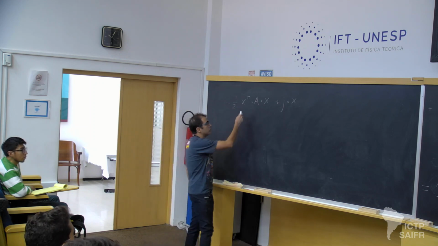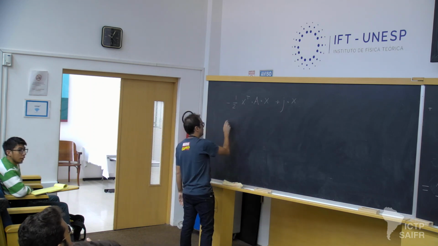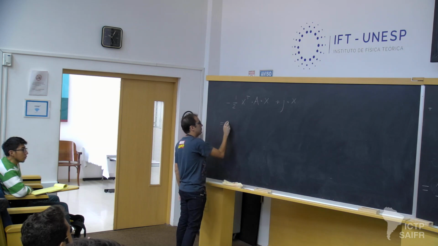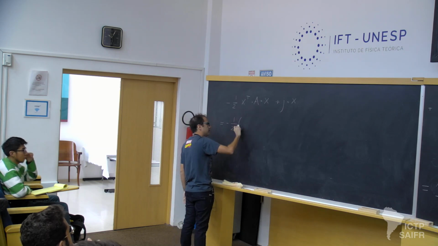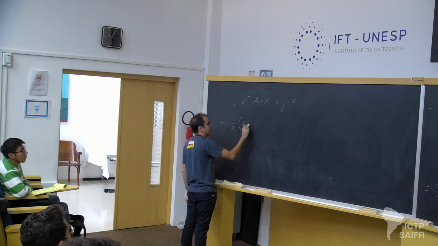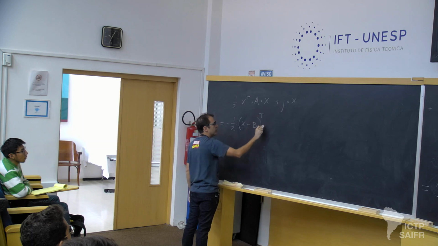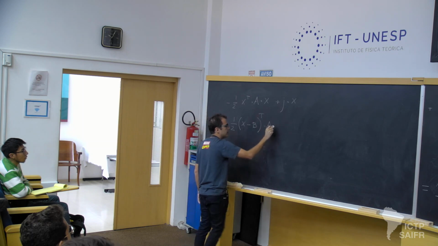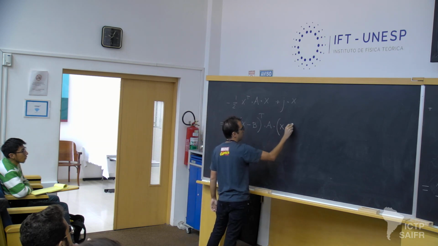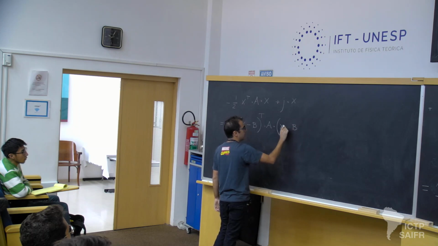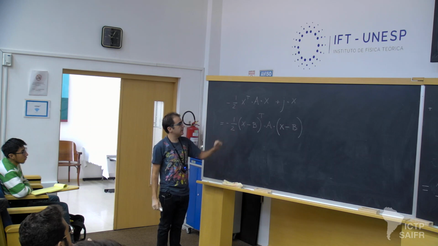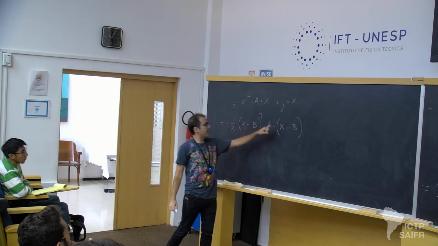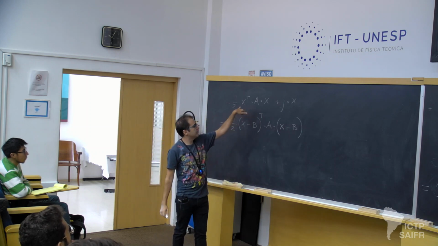And now I want to write this. The goal is to write this as minus 1/2, I shift x, and I write this as x minus some b transpose dot A dot x minus b. So I want to shift this. The x squared term, of course, works.